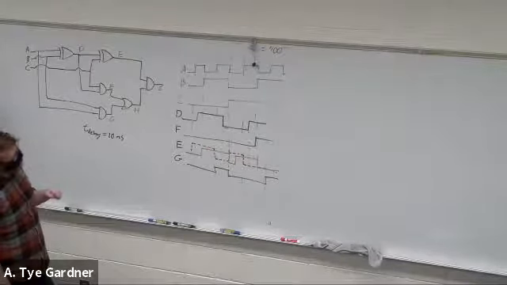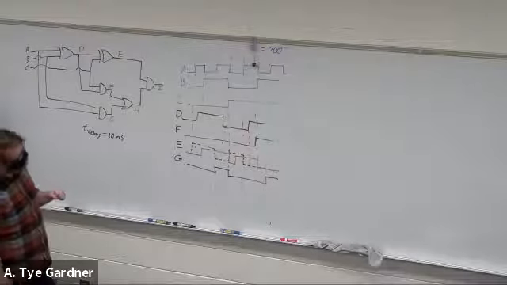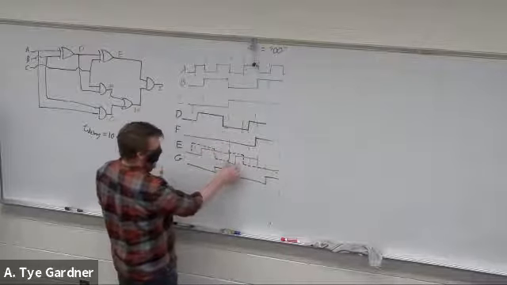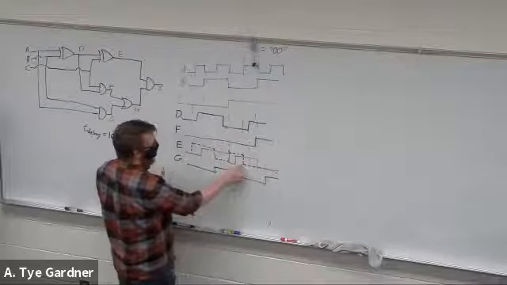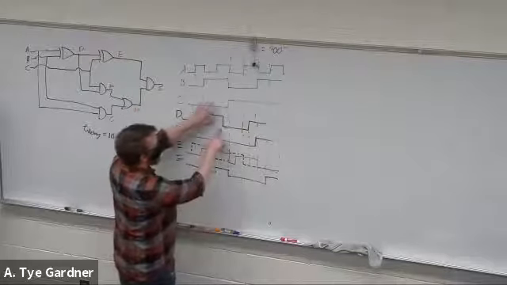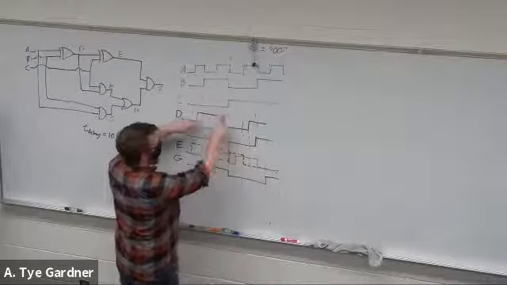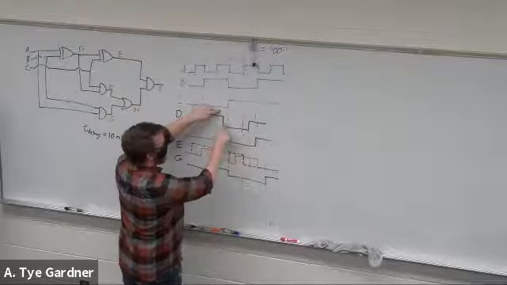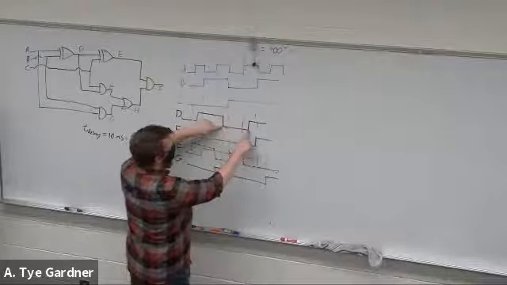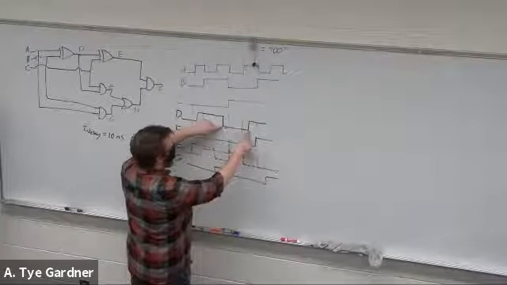Did I screw this one up? Should this be one more half delay later? So we dropped halfway through this one. We rise halfway through that one. But this rises.